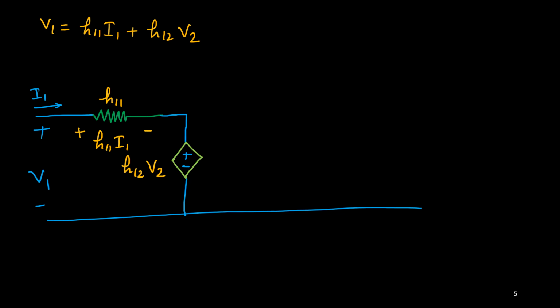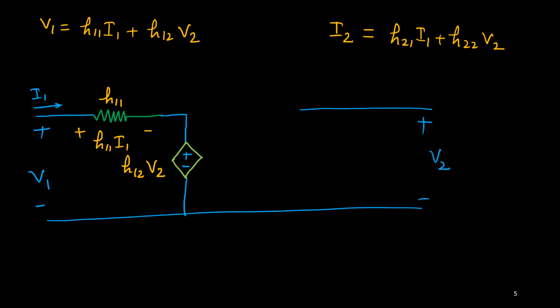And then we'll consider the right hand side. For the right side, the equation is I2 equals H21 I1 plus H22 V2. So you see the right side, this voltage is your V2 and this current is your I2.